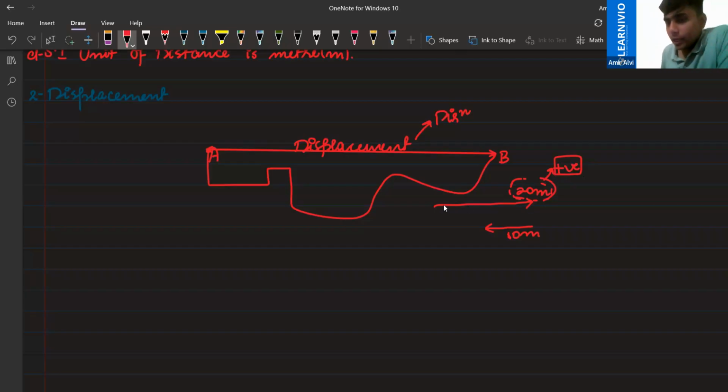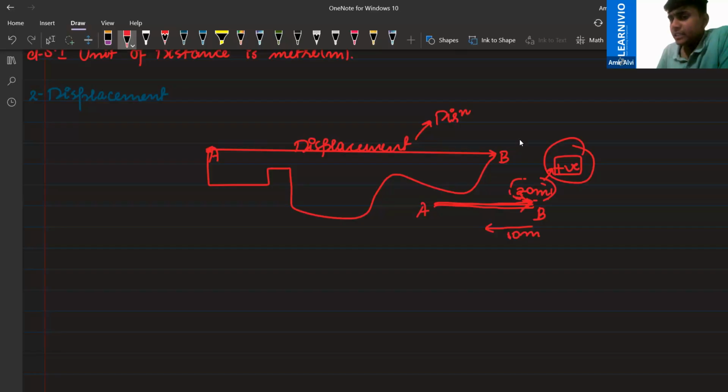Okay. In distance we do not worry about the direction, but in displacement we have to worry about the direction as well, because displacement is a vector quantity. So it also depends on direction apart from the magnitude. Suppose I'm going in this direction first, from A to B. Generally we take the right side as positive.